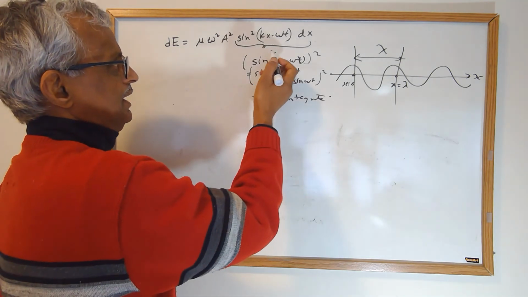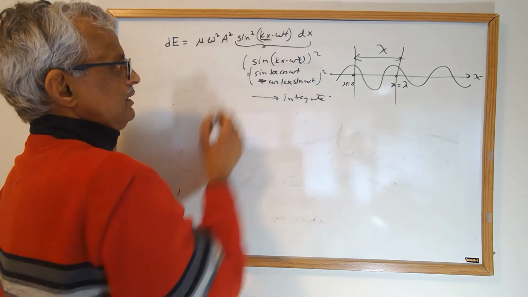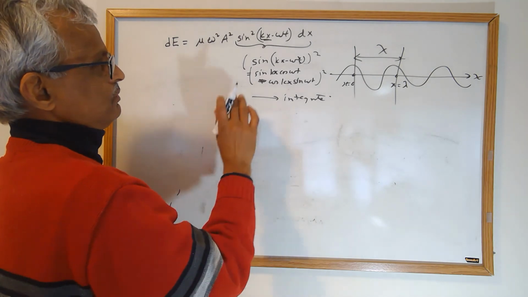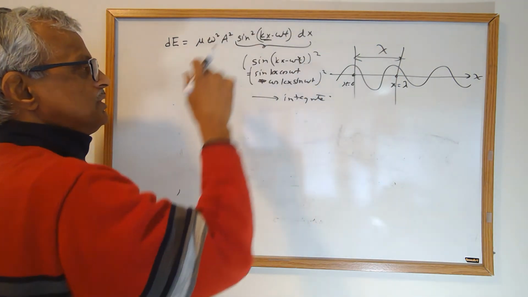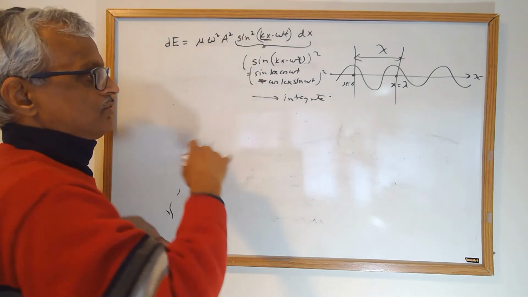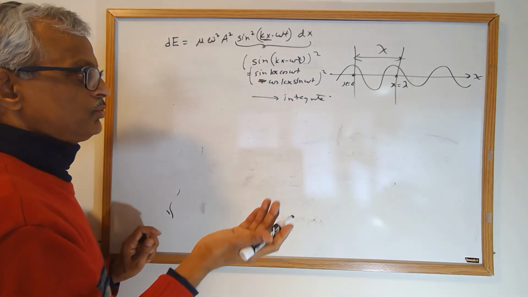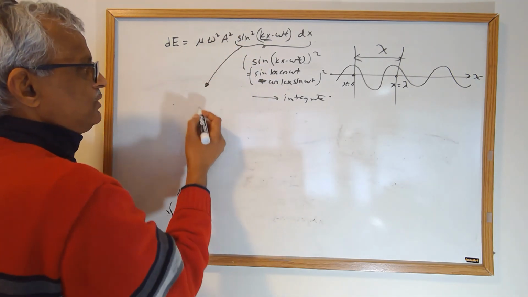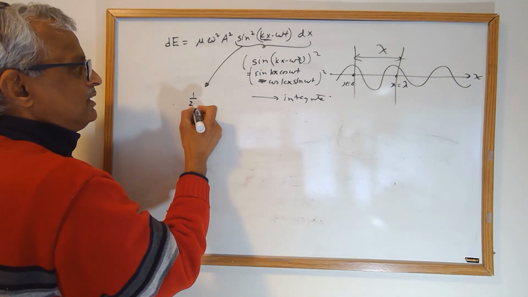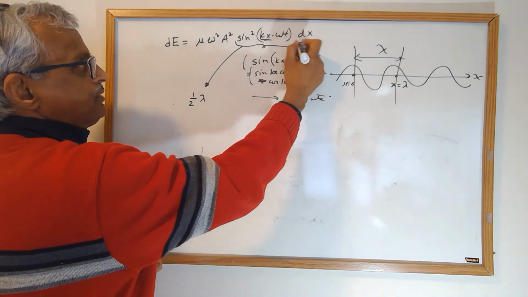You can see that in the x variable, when you integrate over 1 lambda, you're actually integrating over, as far as sine is concerned, 1 period, and sine square is going to concern 2 periods. So when I integrate, I am going to get half lambda.